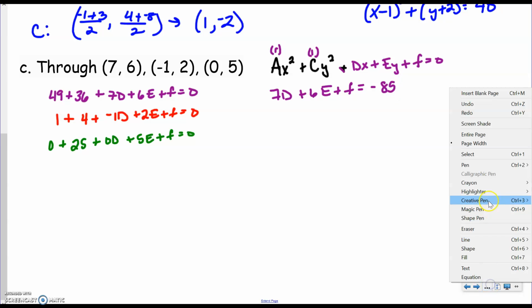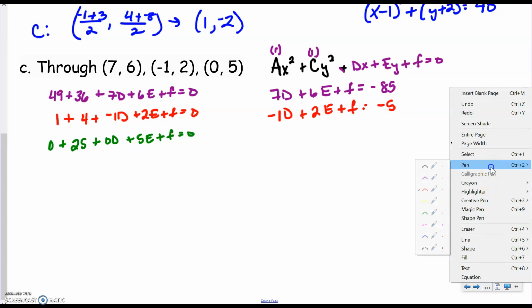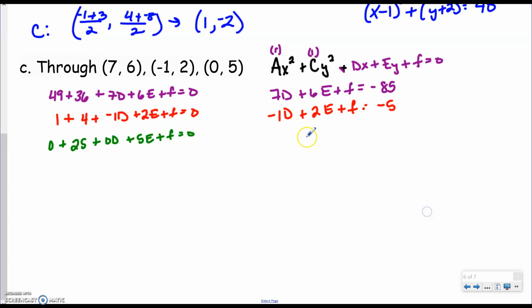The second equation becomes -1d plus 2e plus f equals -5. And the third equation becomes 0d, which I'm not going to write, 5e plus f equals -25.